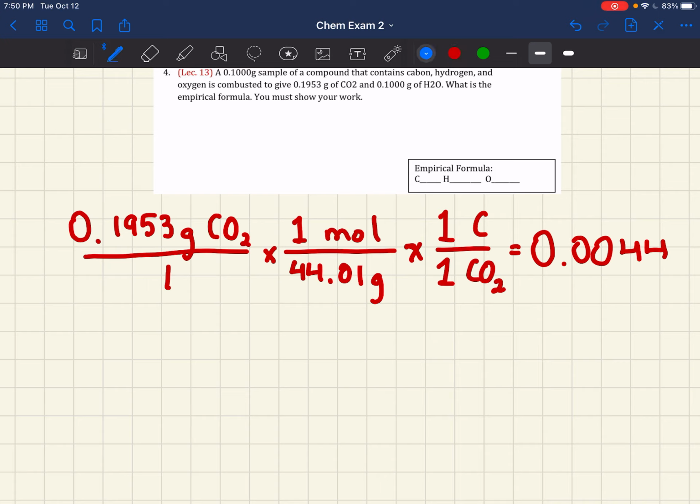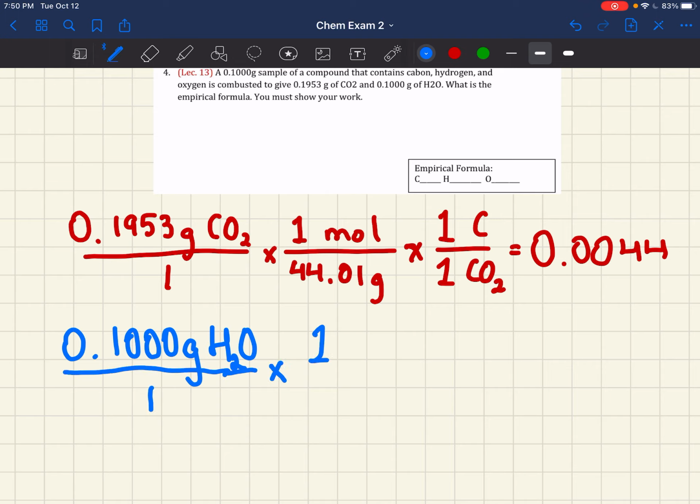So hydrogen, let's do that in blue. If you have grams of H2O over the arbitrary 1, same concept right here, 1 mole over about 18.02, I believe. But the difference here is that you really need to make sure you remember this step, especially for the test.